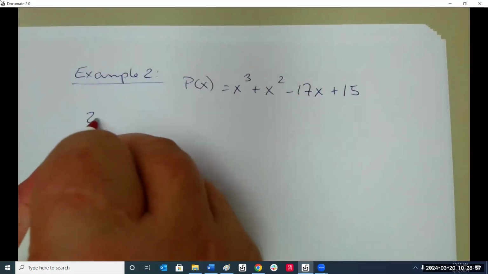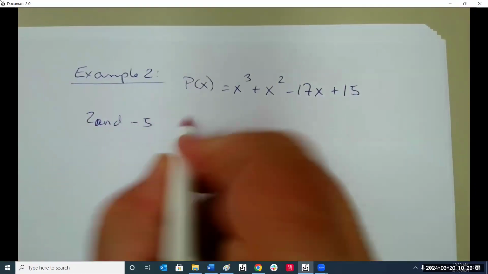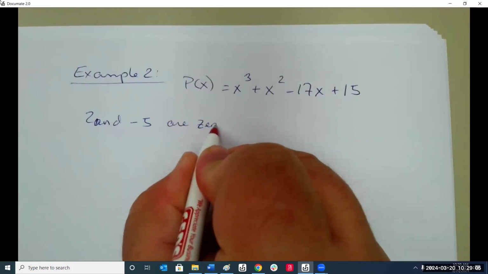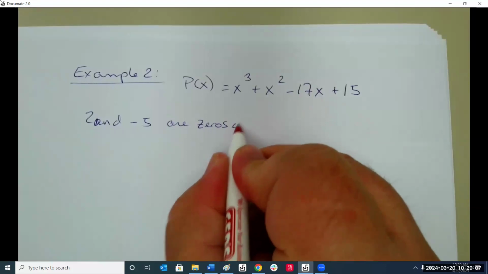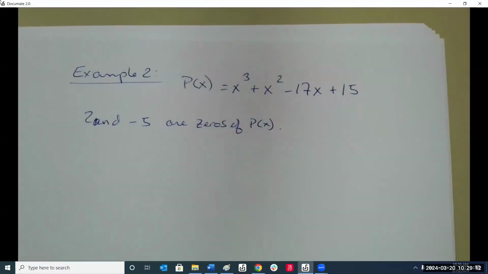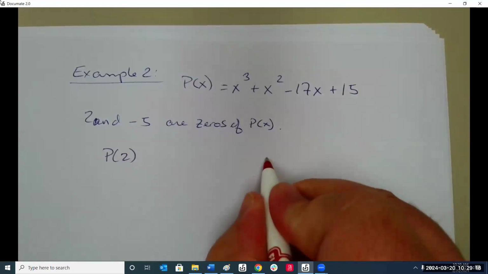Determine whether 2 and -5 are zeros of p of x. So how would you do that? Plug them in there, see what happens.